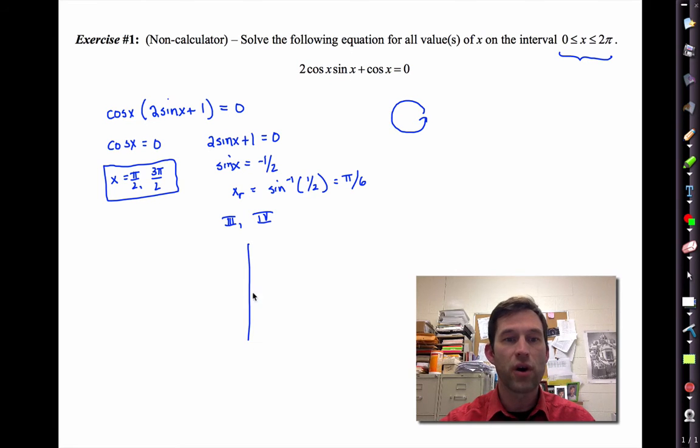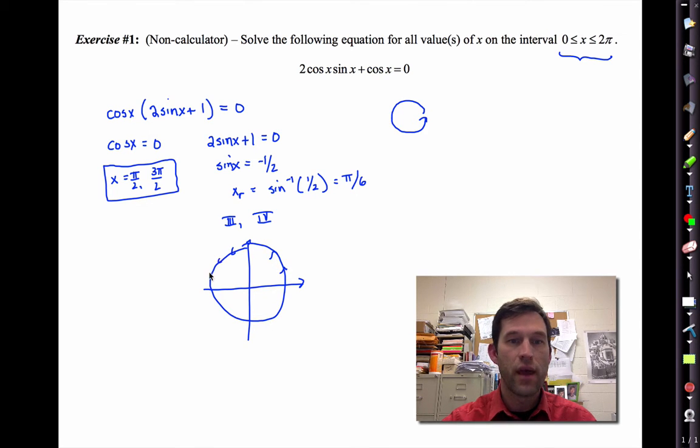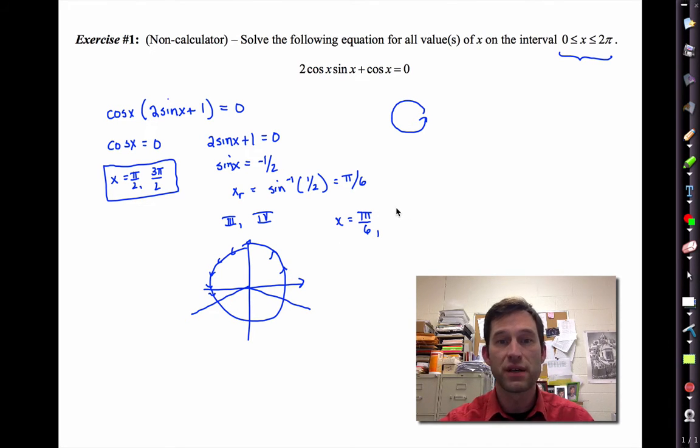So if we start at 0 and we rotate, and we get to a reference angle of pi over 6 in our third and fourth quadrants, then one of our angles will be pi plus pi over 6, which will be 7 pi over 6, and the other angle will be 2 pi minus pi over 6, or 11 pi over 6.